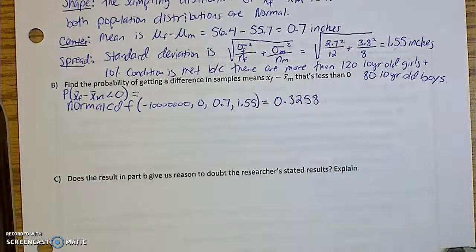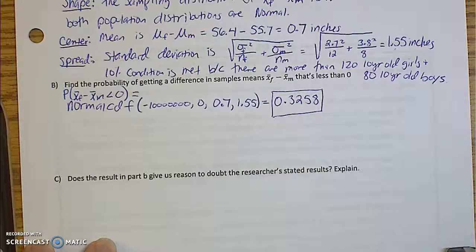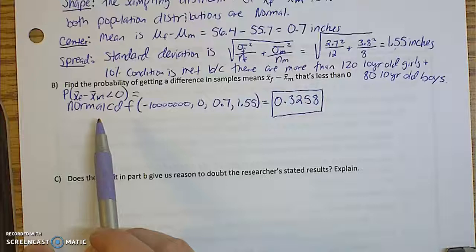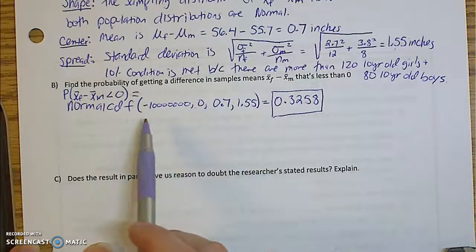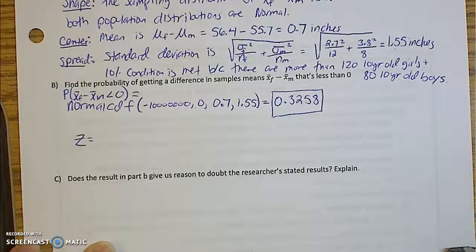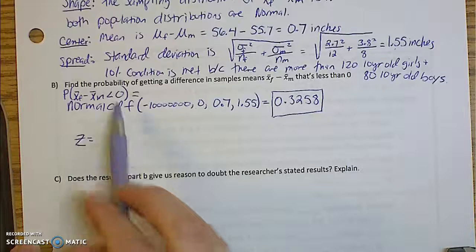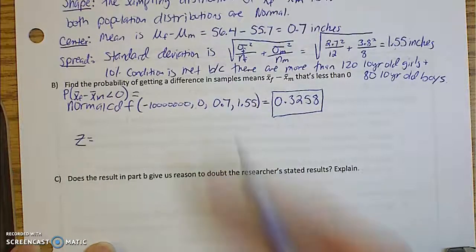An alternative way that I could have done this, instead of going straight to normal CDF, would be to standardize this value. The way I would do that is by finding the z-score, right? That's standardizing it. You take your statistic minus your mean over your standard deviation.